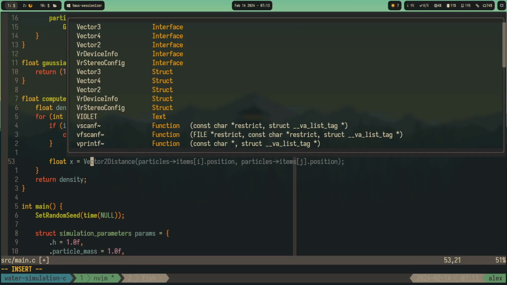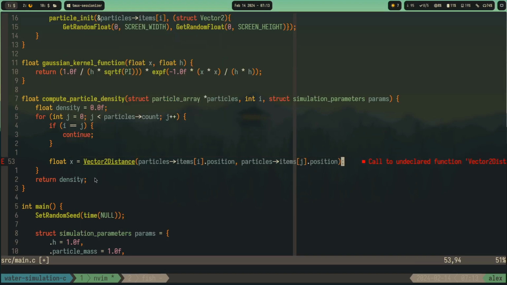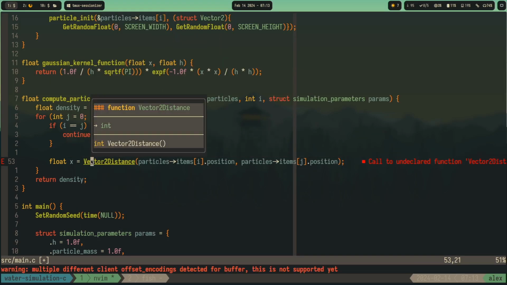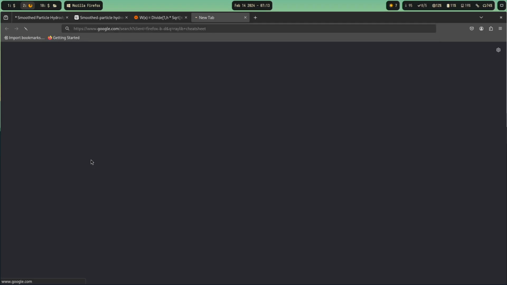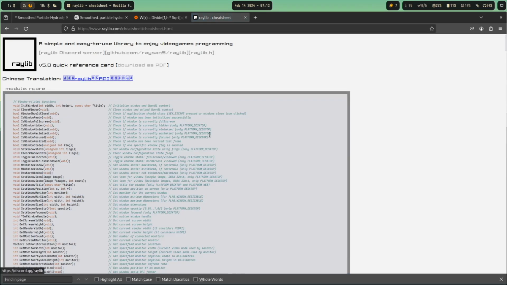which is, I mean, maybe this function does not exist in Raylib. So let's see, Raylib cheat sheet. So let's see, do we have distance? No. Magnitude?